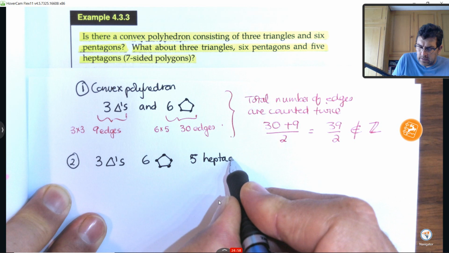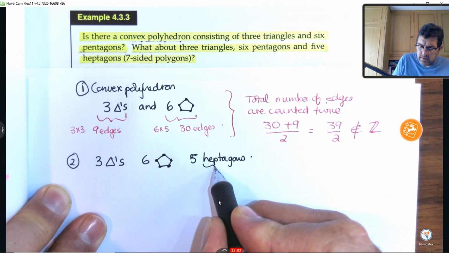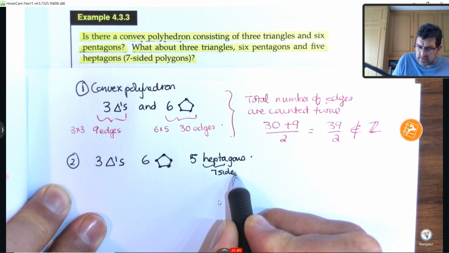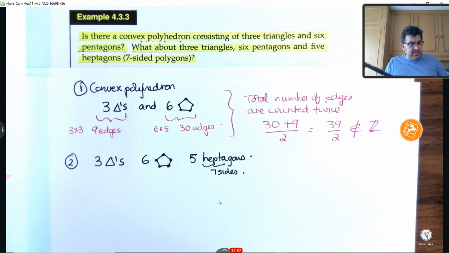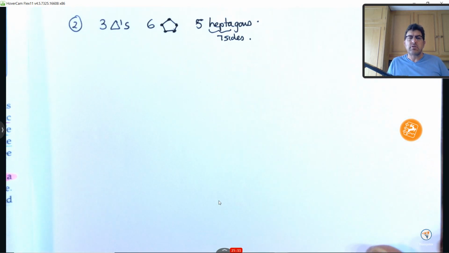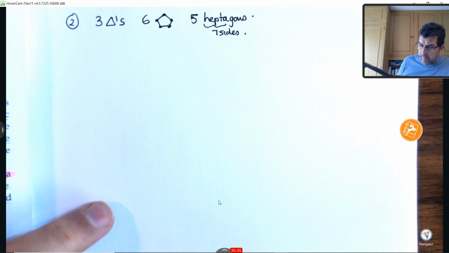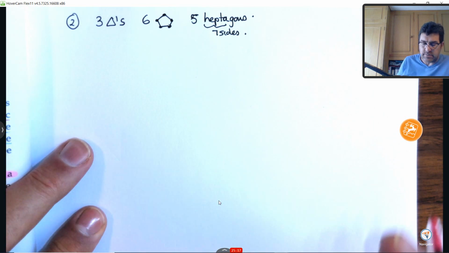A heptagon is a polygon with 7 sides. Again we are faced with something that we don't know whether it exists or not.